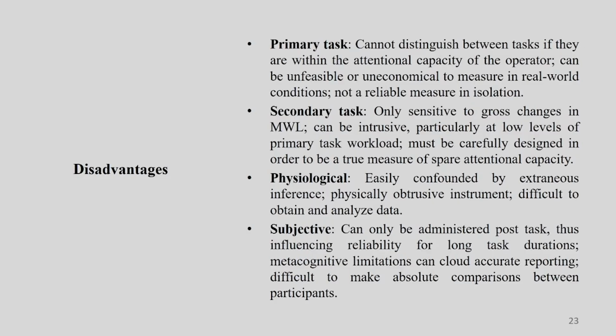Also, the instruments are physically obtrusive, and the data is difficult to obtain and analyze. When you are talking about mental workload, you need to give very similar conditions to the actual or real ones. However, for physiological data, you really need to have a lot of instruments connected. So it is very difficult to get such data.